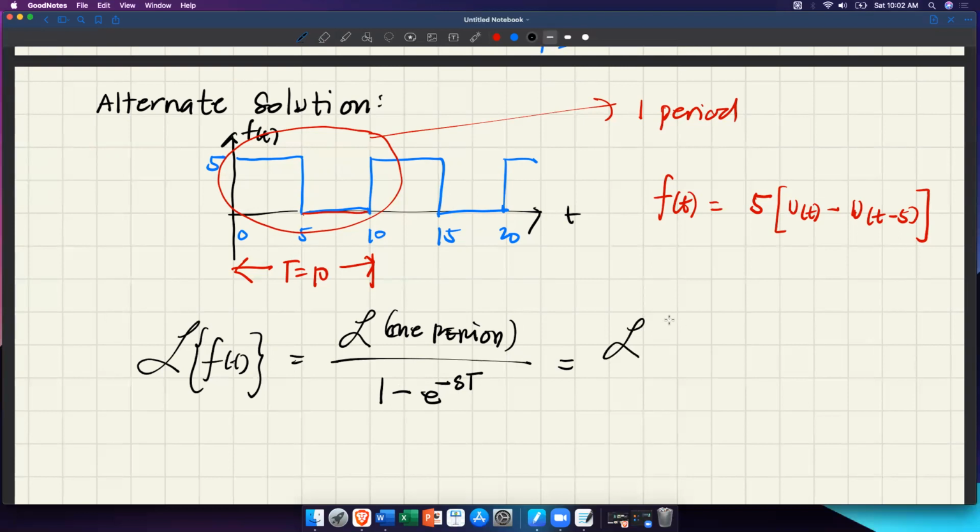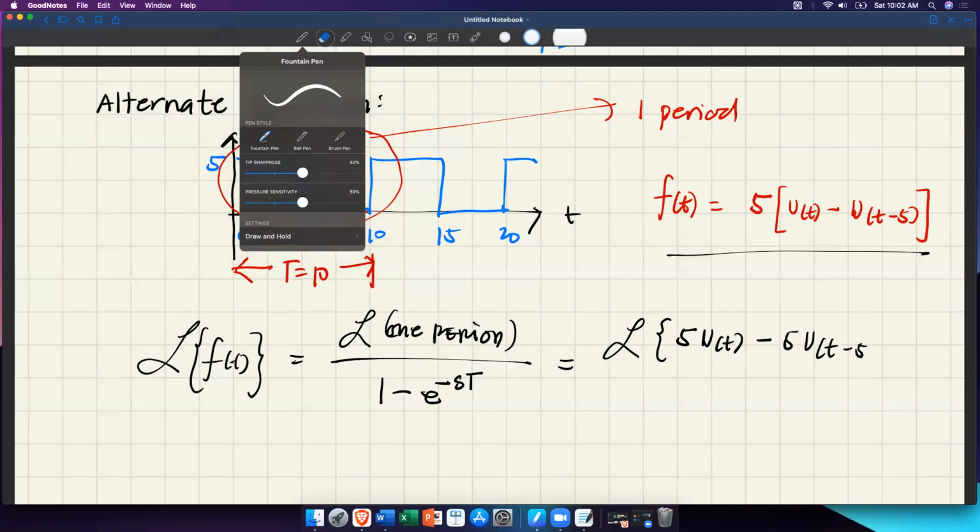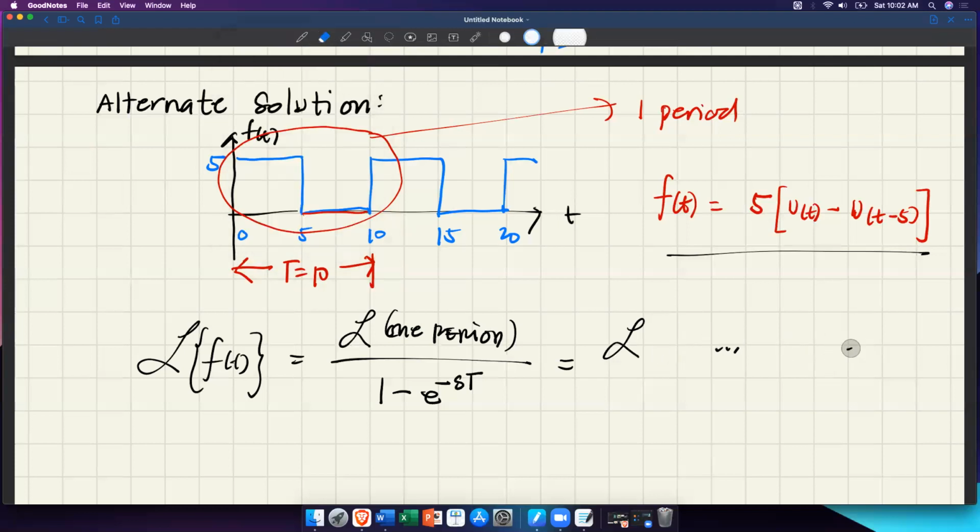Take note, this function of t here is the one period function. So we can have this as 5 u sub t minus 5 u sub t minus 5. Or we can just factor out 5, and then you have the Laplace transform of u sub t minus the Laplace transform of u sub t minus 5.